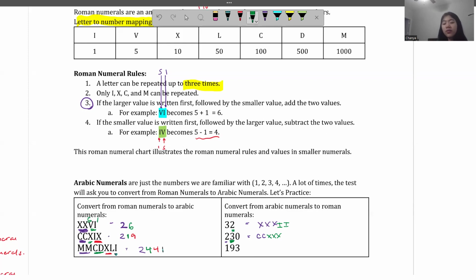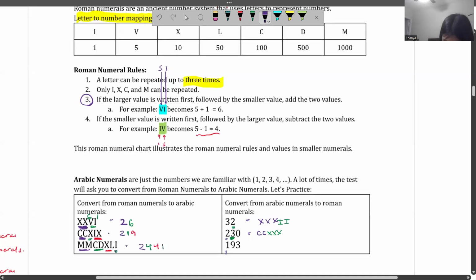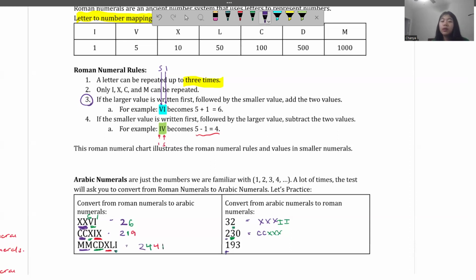Okay, so what about we convert the number 193? For the number 1 here, or in other words, 100, you think, how do I write this digit? 100 has the value of C in Roman numerals, so that's all you need. Now you move on to the digit 9, which represents 90.